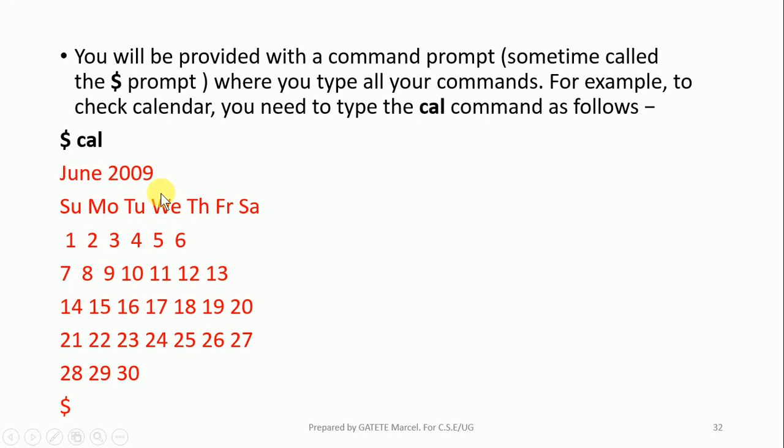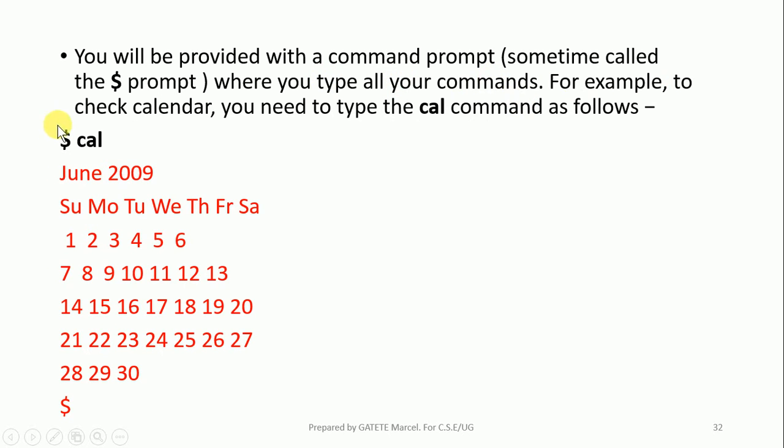After typing the correct username and password, you will be given a command prompt. It is called the dollar prompt. The prompt will help you to type your Unix commands.